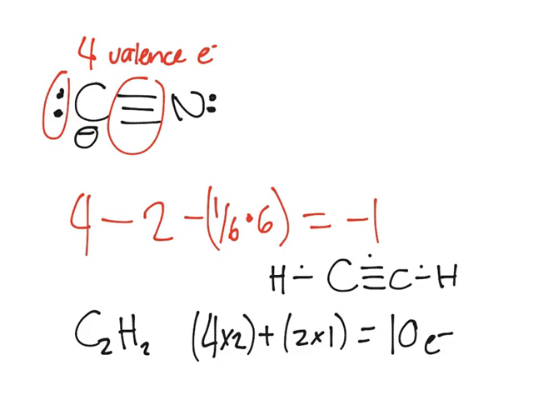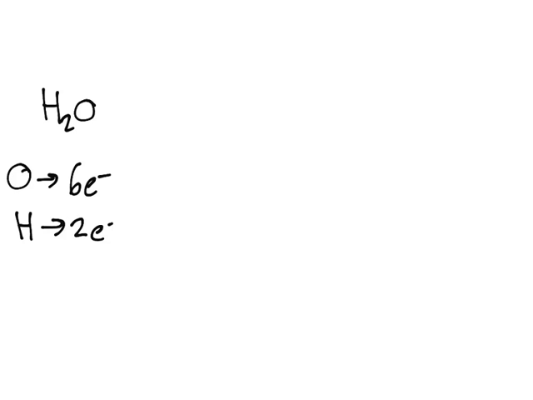Let's do one more. Let's try a water molecule. So we'll start from the beginning, H2O. How would you draw the Lewis structure? Well, you know oxygen has 6 valence electrons, hydrogen has 1 each, and so you add it up, the total would get you 8 electrons, and so you know you have 8 electrons to use when drawing the Lewis structure.